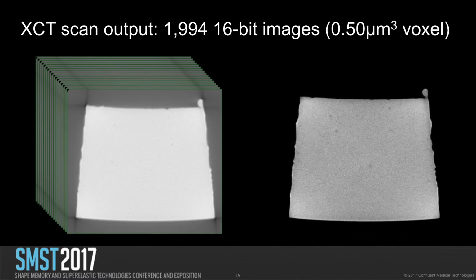And when you do that, we didn't know what we were going to get, but we were pretty happy when we saw the first set of results. So basically you get a stack of images out of this thing. In this particular case, we get about 2,000 images. They're a 16-bit grayscale image, and when you do a little bit of thresholding and window leveling, etc., you can get something like what you see at the right, which is an indication.